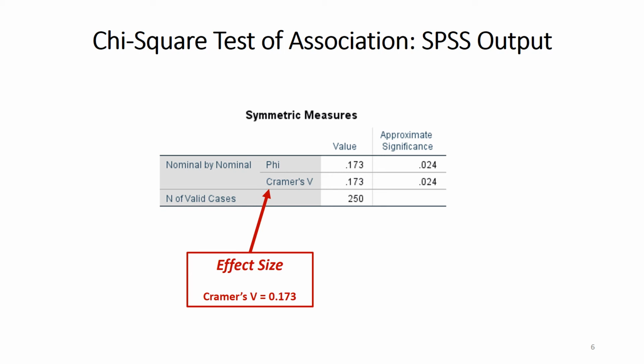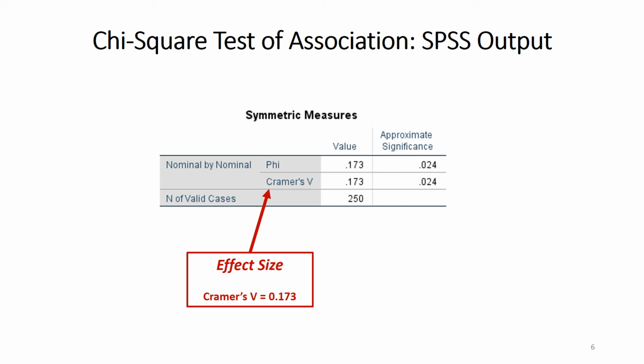And especially with chi-square, one final note on this, it's really important to include a measure of effect size whenever you're running a chi-square analysis, because one of the shortcomings of chi-square is that the analyses using chi-square are often highly influenced by sample size.